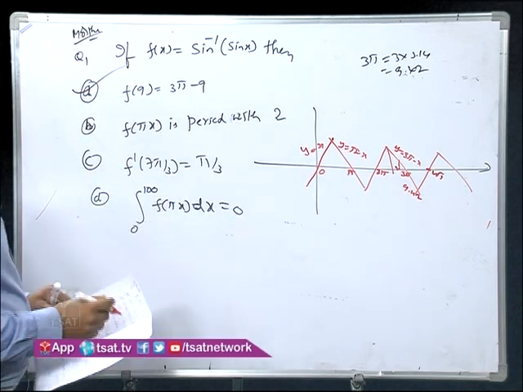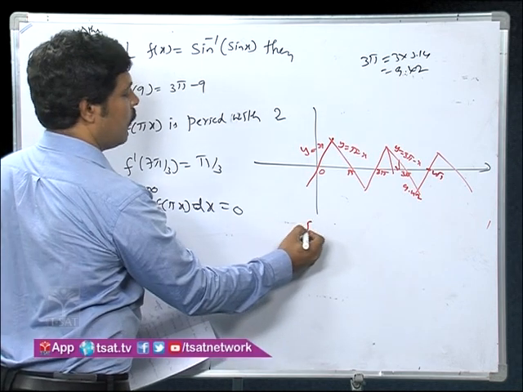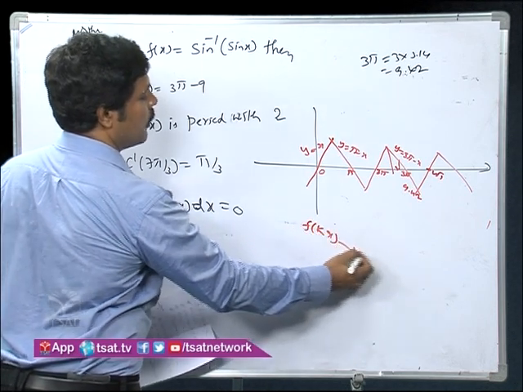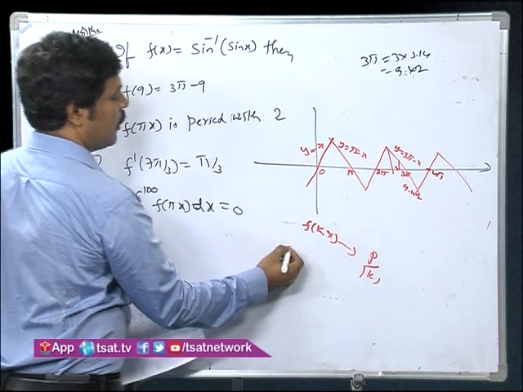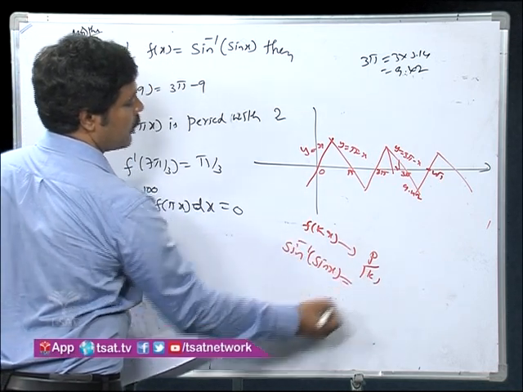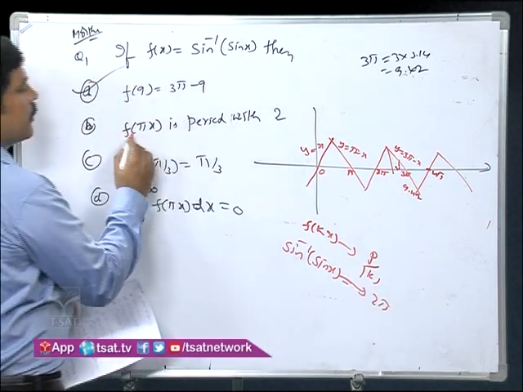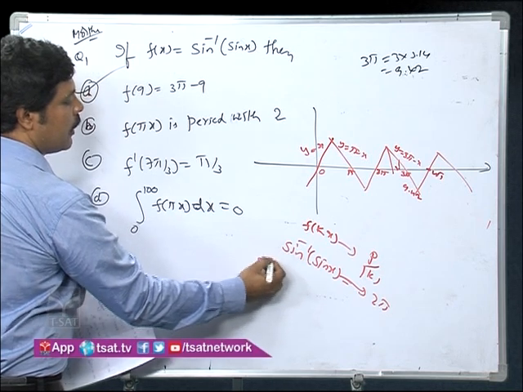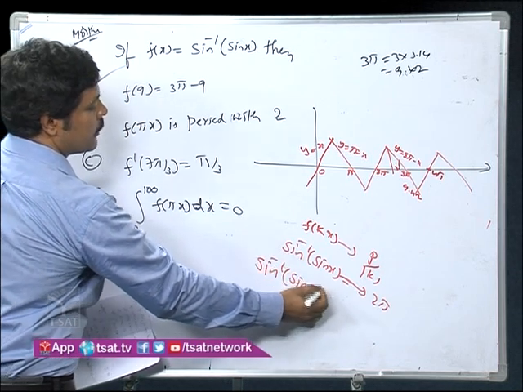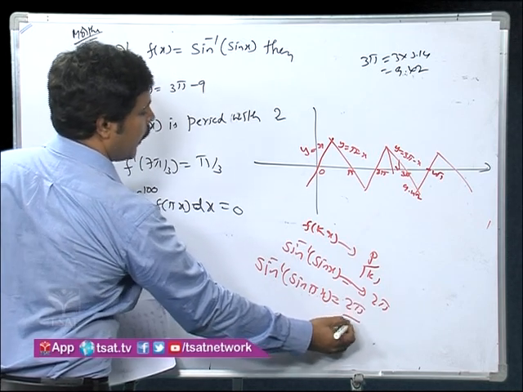Okay, what is the period of sin inverse of sin? For f of kx, the period is period divided by mod k. Sin inverse of sin x has period 2 pi. Therefore, for sin inverse of sin pi x, the period is 2 pi by mod k, where k is pi, so 2 pi by pi.